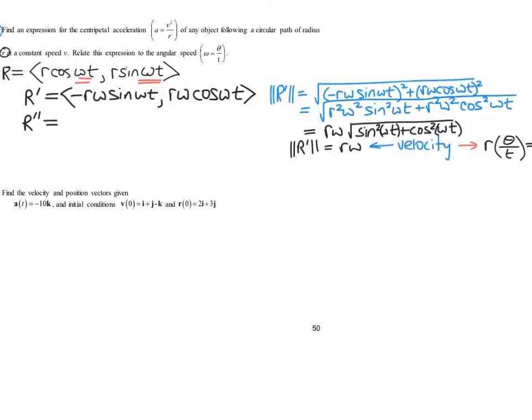But anyway, the acceleration is what we're after here. So I've got to differentiate again. Sine is going to become cosine, so negative R omega squared cosine omega t, comma, negative R omega squared sine omega t.